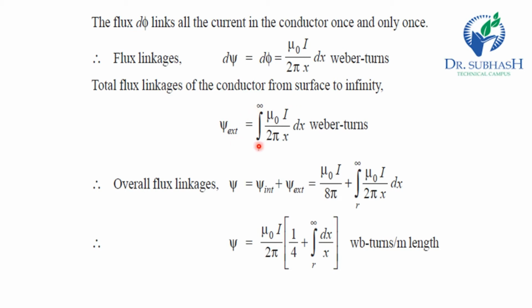The flux linkage due to external flux is the integration from R to infinity of μ0 I by 2πx into dx. Now the overall flux linkage due to internal and external flux, the total ψ, is internal plus external, which are the equations we defined above. The total value is ψ equal to μ0 I by 2π times (1 by 4 plus the integral from R to infinity of dx by x) Weber turns per meter length.